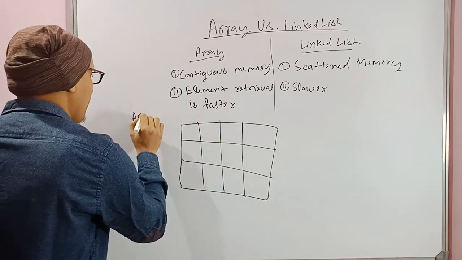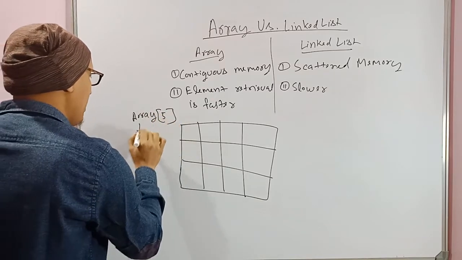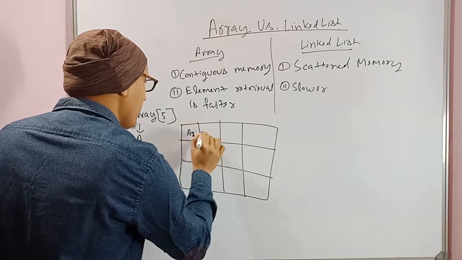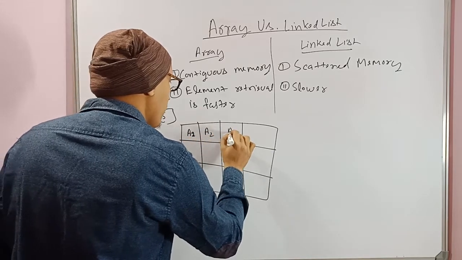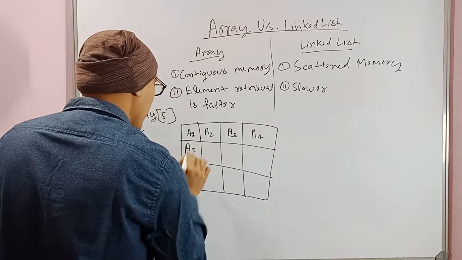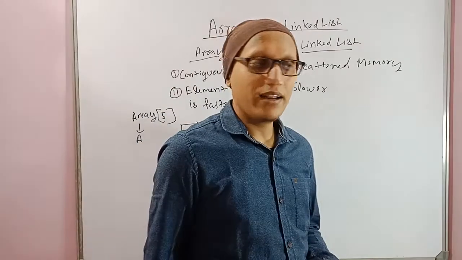Suppose an array of 5, where the elements are referred to as A1, A2, A3, A4, A5. There are 5 elements in this array.